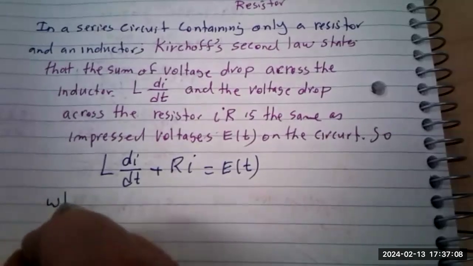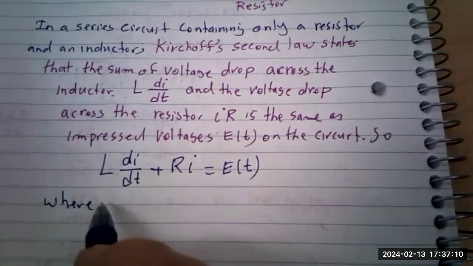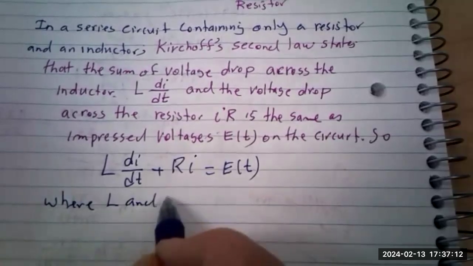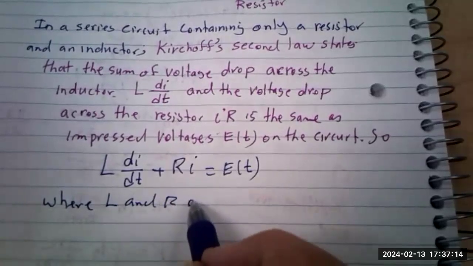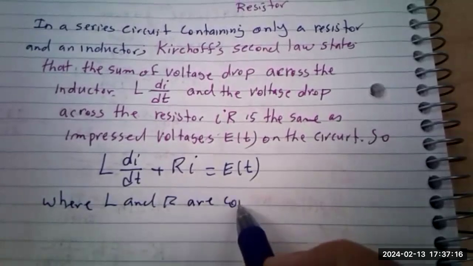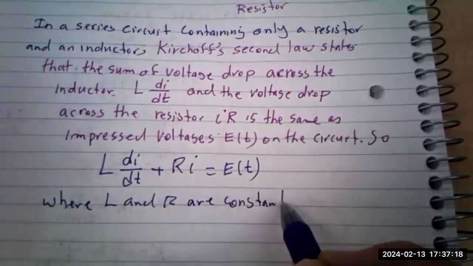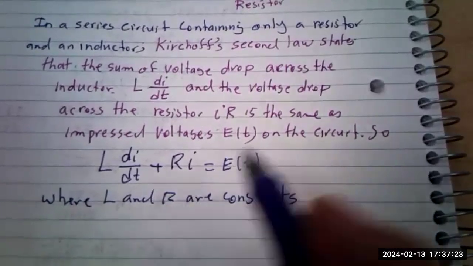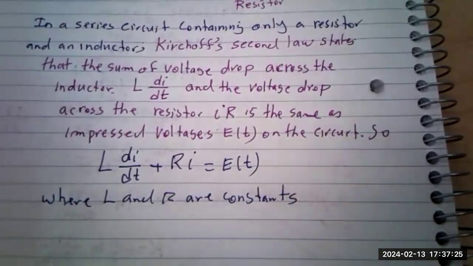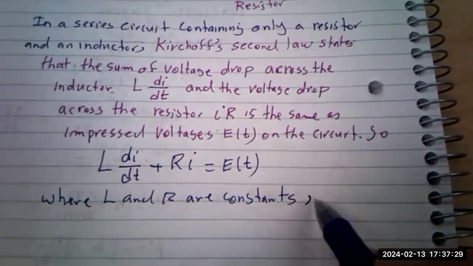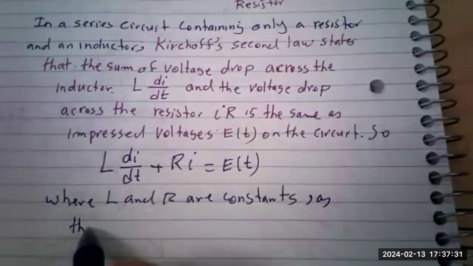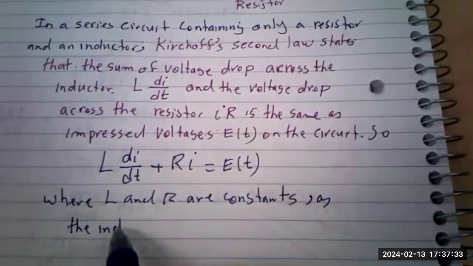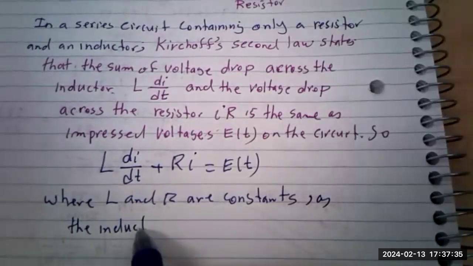So these constants, where L and R are going to be given to you, are going to be constants, the inductor and the resistance, respectively. This is coming from that inductor, we call it inductance.